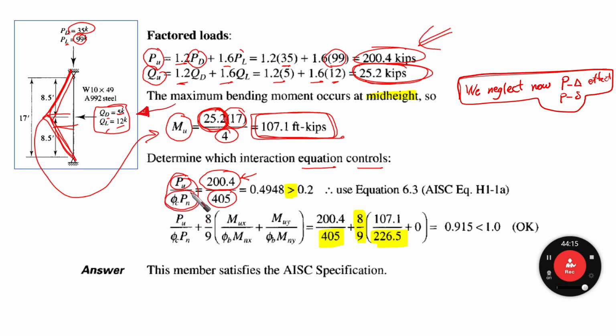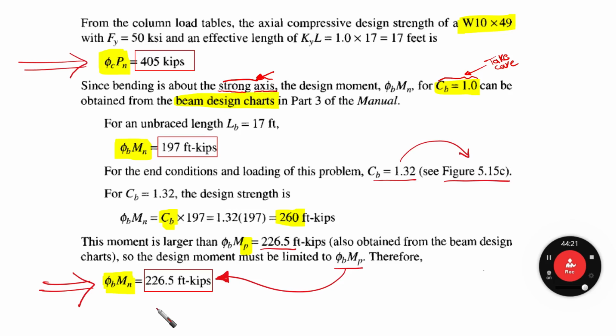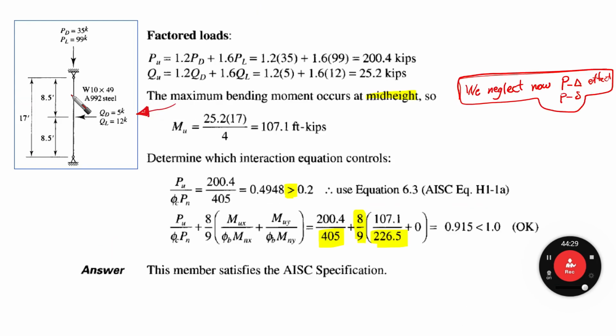And phi c Pn equals 405, which we have already obtained previously. This is number 1, related to the maximum axial force. So we are on the right track now. We found this ratio, 0.49.